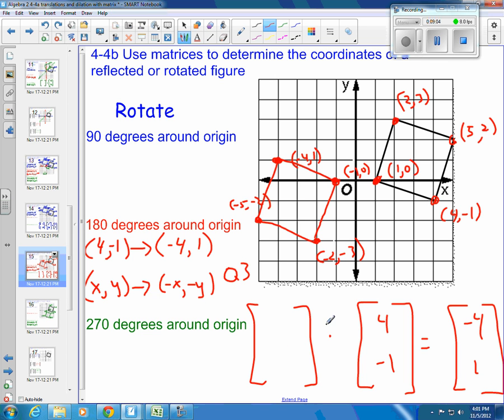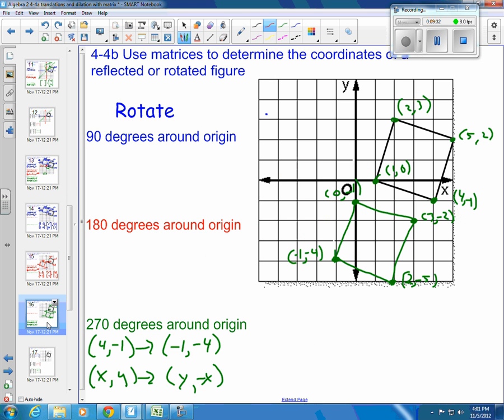Well, the 4 is going to stay on top, and I don't want to add anything to it. But it went from a positive 4 to a negative 4, so that's going to be a negative 1. And then I want the 1 to stay on bottom, so I want to multiply the 4 times the 0 and the 1 times the 1. And then 1 went from a negative to a positive, so that's also going to have to be negative. So here is my result, my matrix that I would multiply by to rotate 180 degrees around the origin.